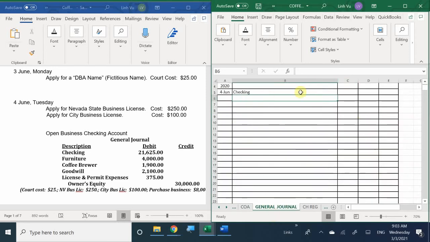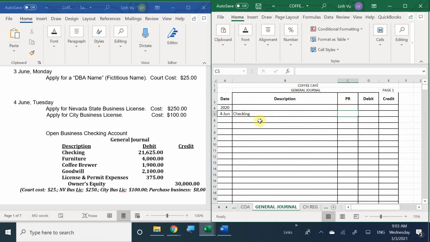Good. It is 10100. So that's going to go under your post reference, which is the account number you're going to be utilizing. So 10100. All right, and of course, I already did the calculations for you. But how much am I depositing into the bank? 21,625.